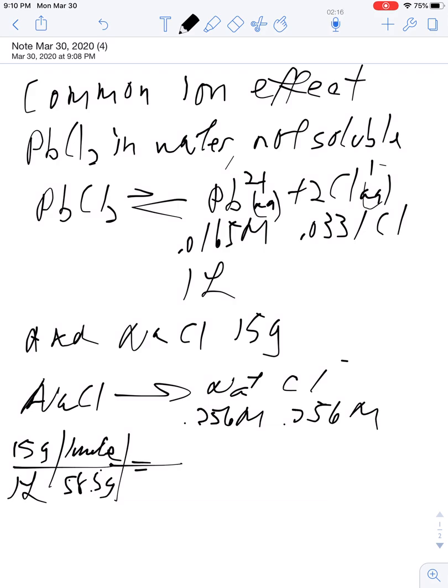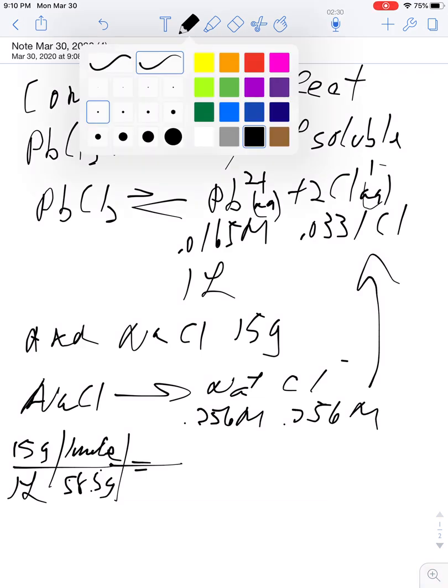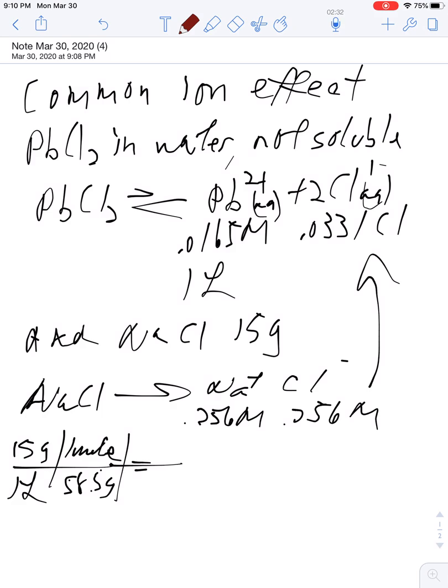Well, what happens when you add a stress to a system? Le Chatelier's principle says the system will shift in order to adjust the stress. So I'm adding chloride. If I'm adding chloride, which direction will the reaction shift? It'll shift to the left to compensate for the stress.